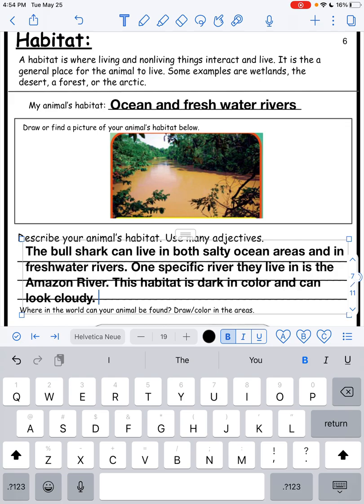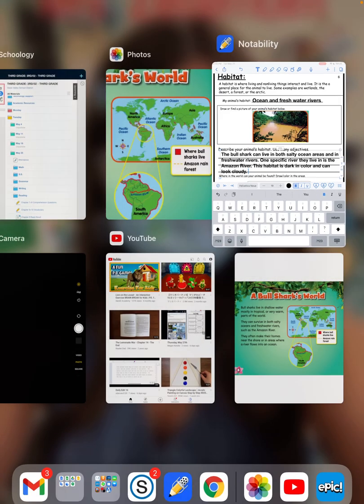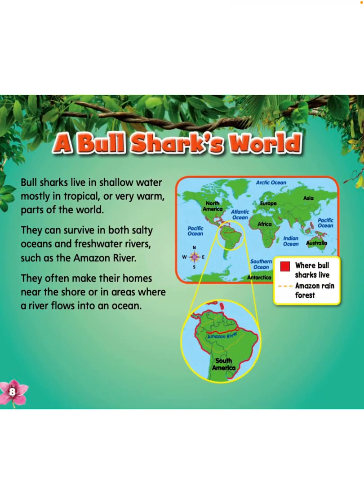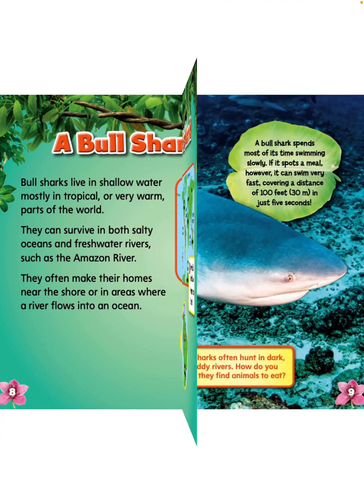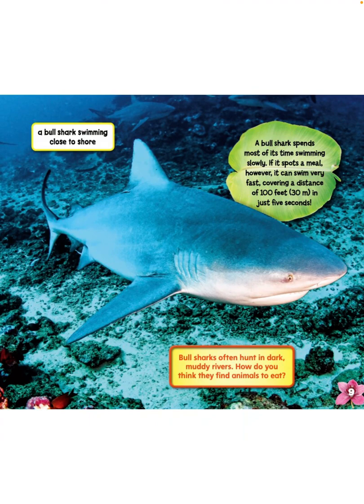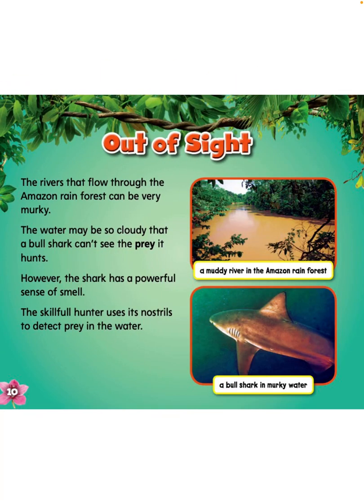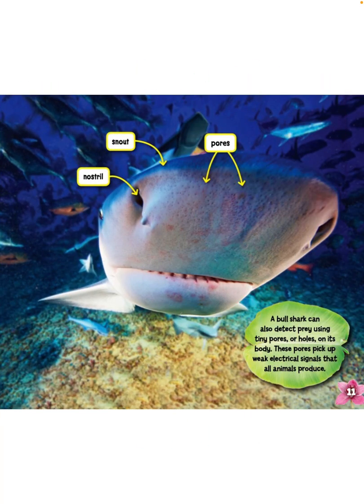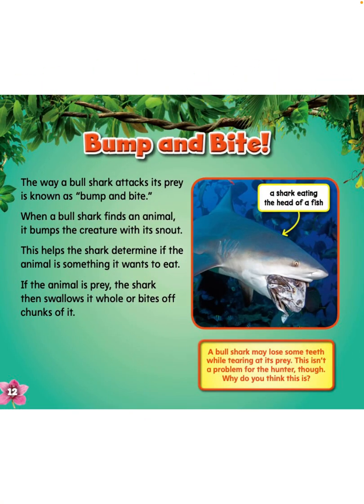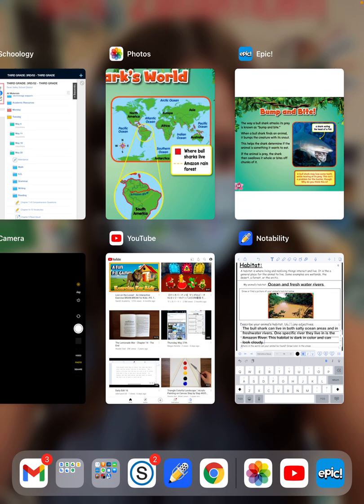What will I say? I might go back to my text. So that's a freshwater river. It says it goes near the shore, which is not as deep. Let's see, anything else? All right, I might need to brainstorm a little.